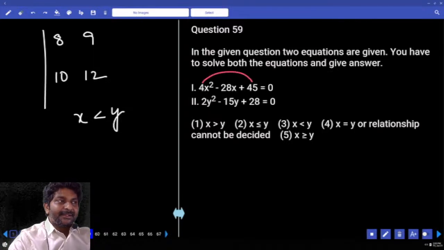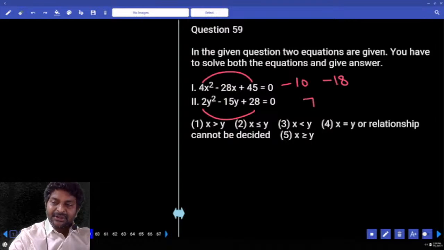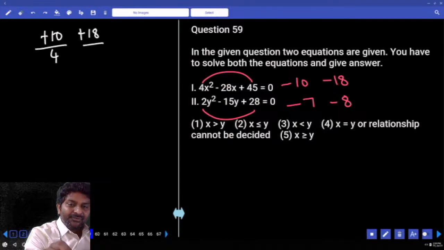Product is 180, minus 10, minus 18. Product is 56. 7 into minus 7, minus 8. Factors are minus 10, minus 18, plus 10, plus 18 divided by 4.